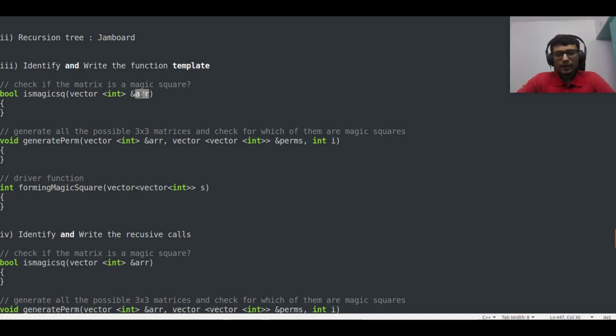So we are not providing the matrix as the input but the array as the input, because we'll supply the flattened matrix as the input rather than the two-dimensional matrix. So it will take the vector of integer as the input, or in other words the array of integer as the input. So this is all about the function template. So basically we'll use three functions, and we'll now see how to write the recursive calls, that is the step 4.